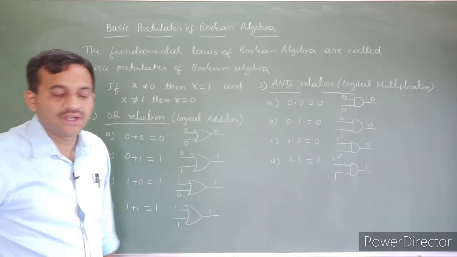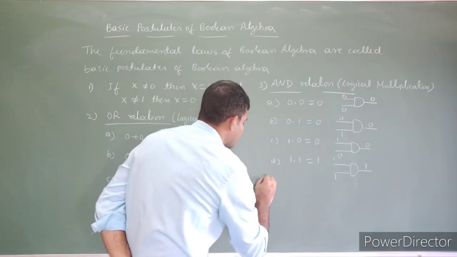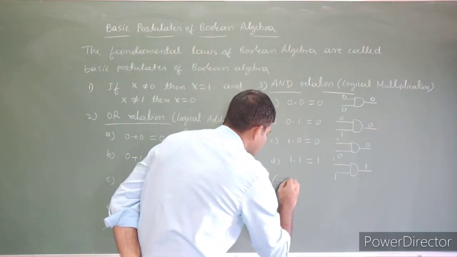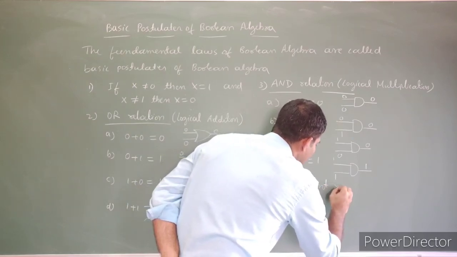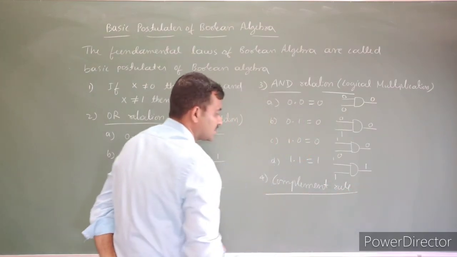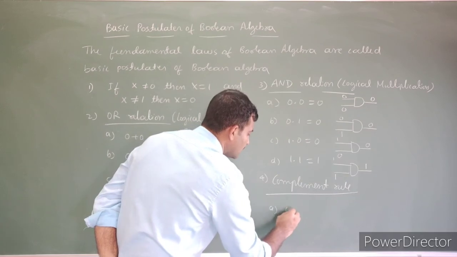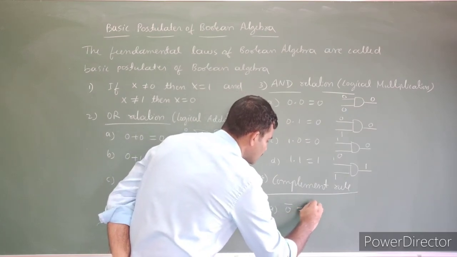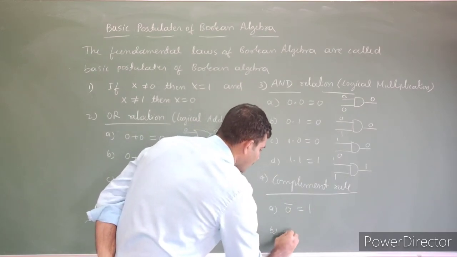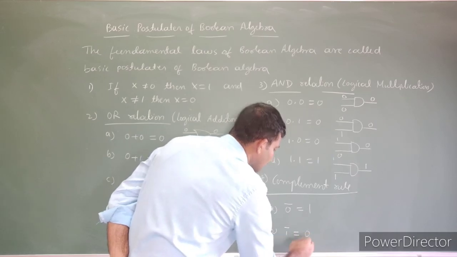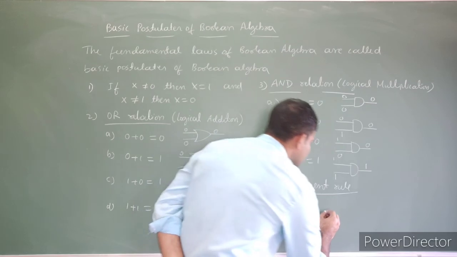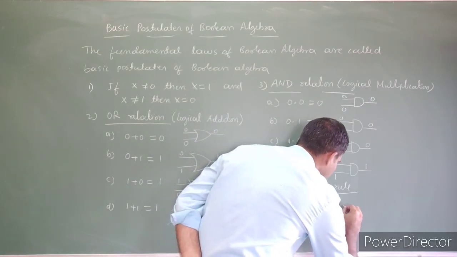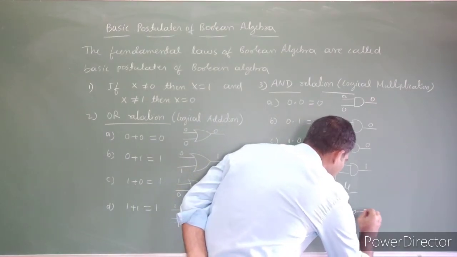Then the last one is the complement rule. Fourth one is the complement rule. What is the complement rule? First one, 0 bar is equal to 1, then 1 bar is equal to 0. It is related to the NOT gate. The NOT gate accepts only one input signal and produces only one output signal.